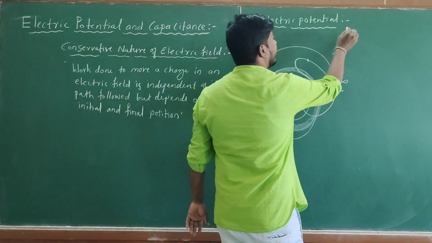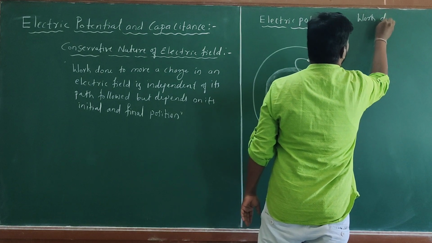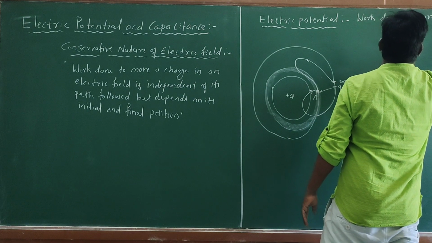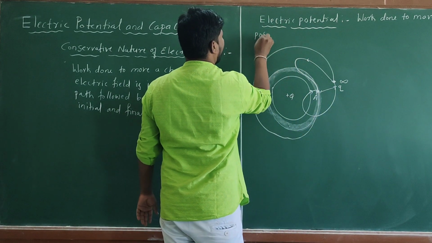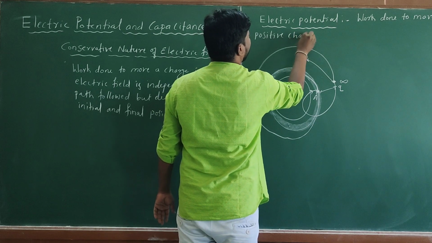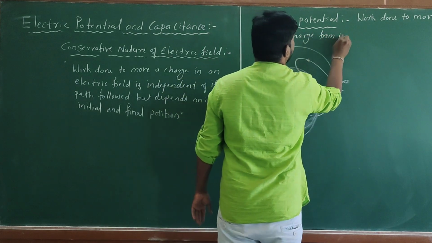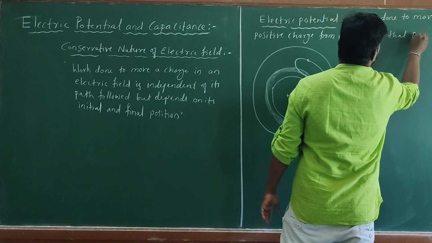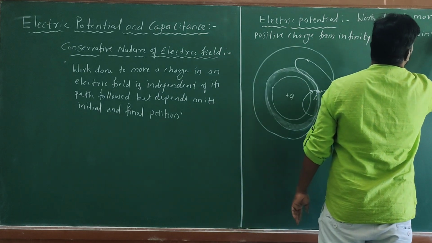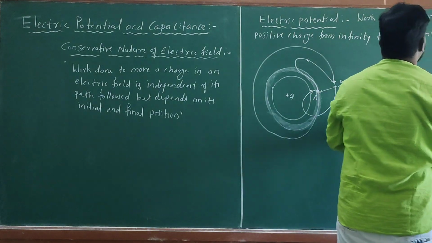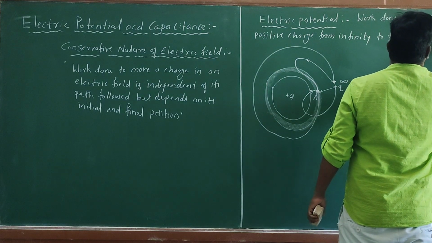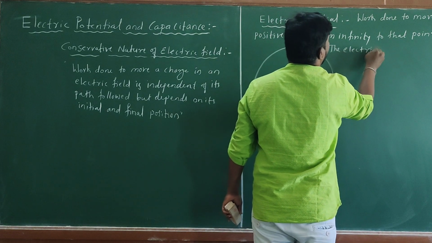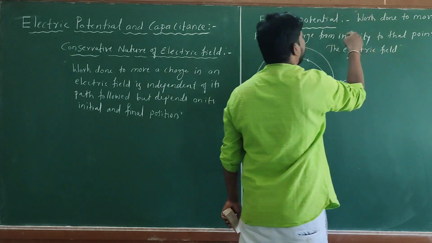So we write that work done to move a unit positive charge from infinity to that point against the electric field is nothing but the electric potential.